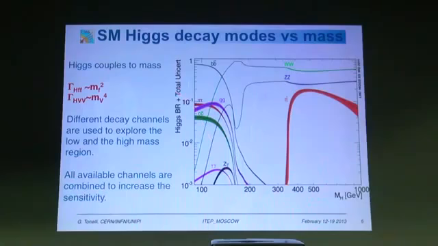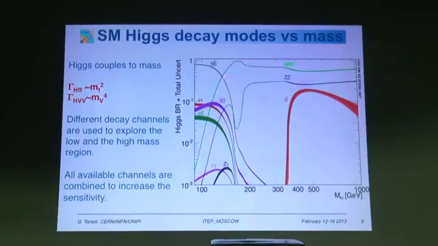So basically, whenever there is the possibility to have two on-shell W or Z, the Higgs decays to W and Z. So as soon as you reach this threshold, which is about 160 GeV, so twice the mass of the W, the decay modes which are the most favored are WW and ZZ, and only the top, which is a heavy quark, survives with some contribution. So in the intermediate and high mass region, basically the decay modes are WW, ZZ, and top.